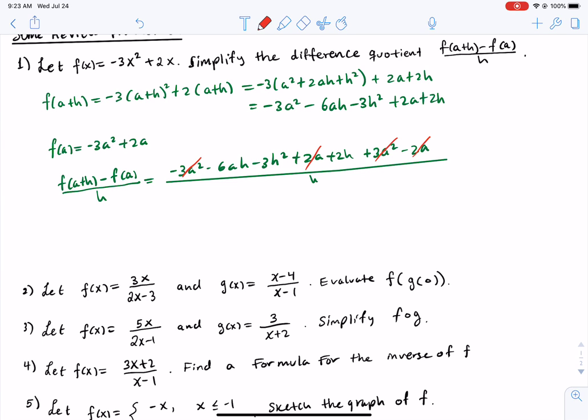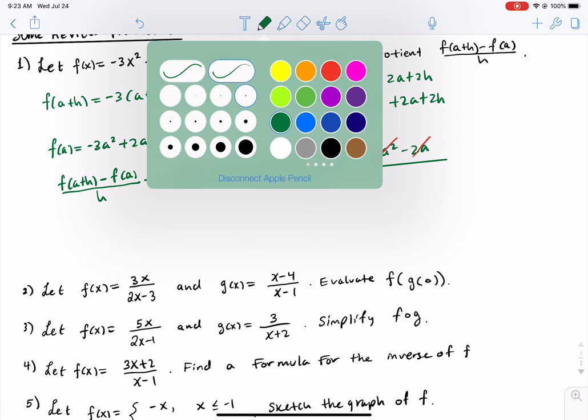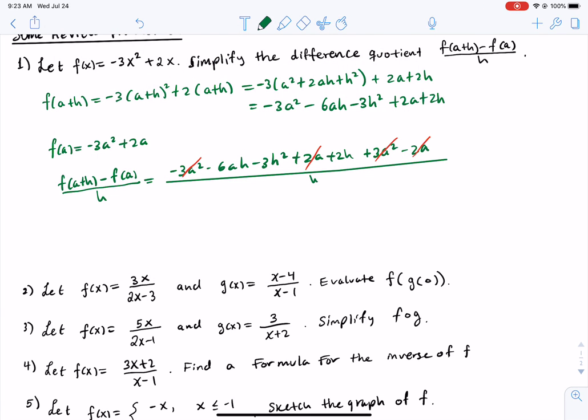And when we are dividing every single one of the terms in the numerator by h, in reality we have negative 6ah divided by h, minus 3h squared divided by h, plus 2h divided by h, like this. And this simplifies to negative 6a minus 3h plus 2. And that will be my answer.